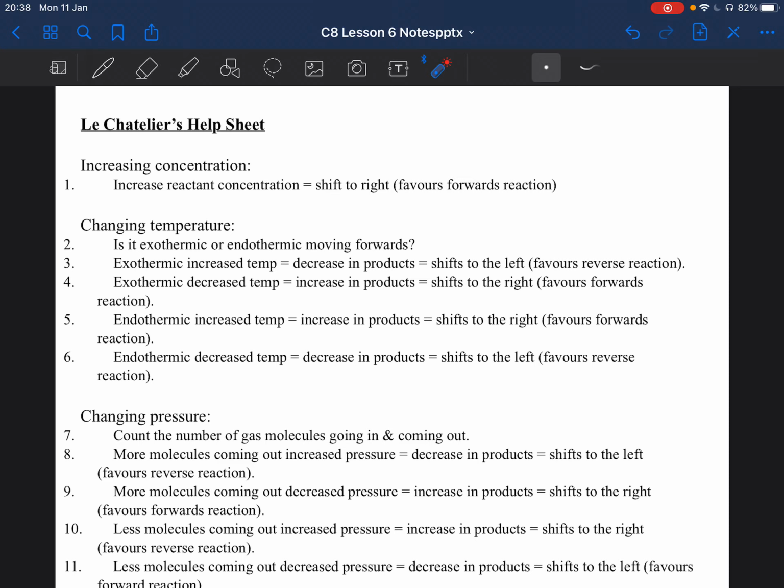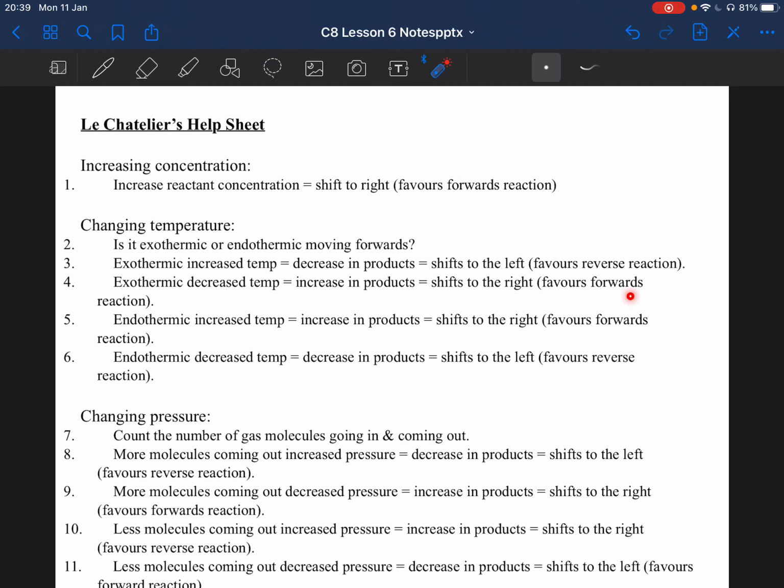So if we have a change in temperature, the first thing I want you to think about is: is it exothermic or is it endothermic going forwards? If it's exothermic and you've increased the temperature, you need to decrease your products and shift to the left to decrease the temperature again. You need to go in the endothermic direction, which is the reverse. If it's exothermic and you've decreased the temperature, you need to increase your product to increase the temperature back up again.